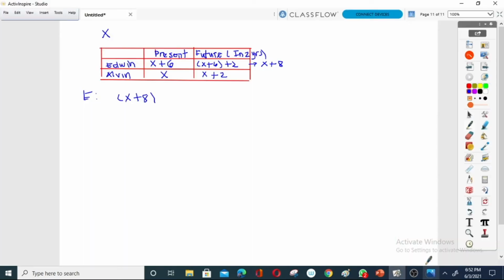What is Alvin's age? This one. So will be is equivalent to equal. 20 more than, so automatically we will be adding 20 plus one-third of what is Alvin's age? One-third of x plus 2.